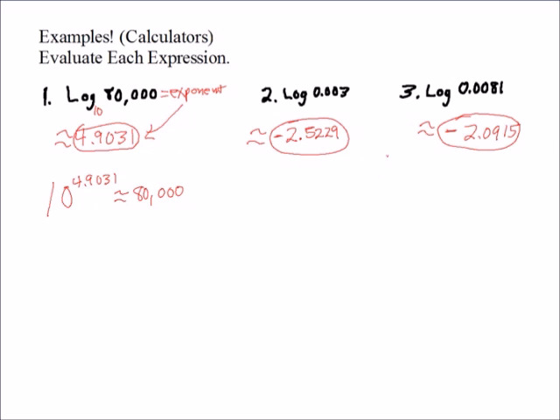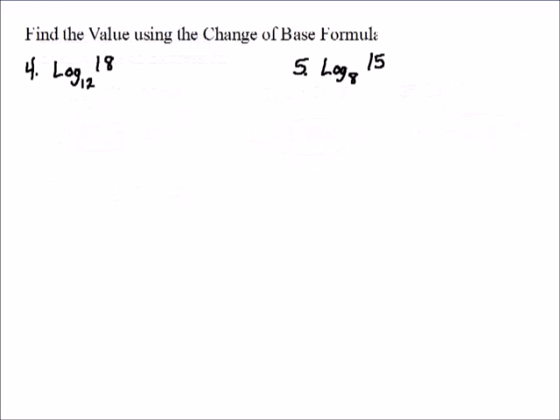You can do that for the other ones, but I'm going to move on because I want to do some change of base. So here's your change of base right here. We want to find the value using change of base. Remember, big number goes on top, little number goes on the bottom, and they're both going to be log base 10. If you don't see it, you just assume that it's log base 10. So we're going to change this to log 18, the big number on top.